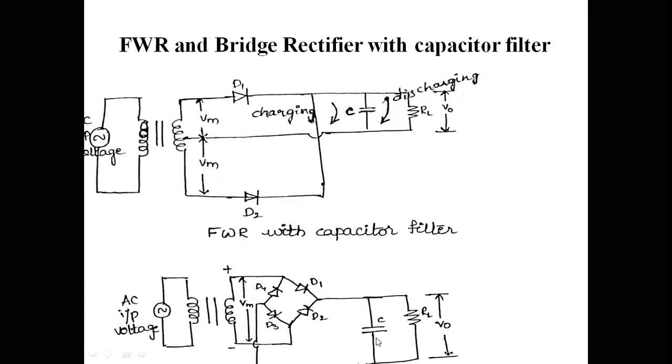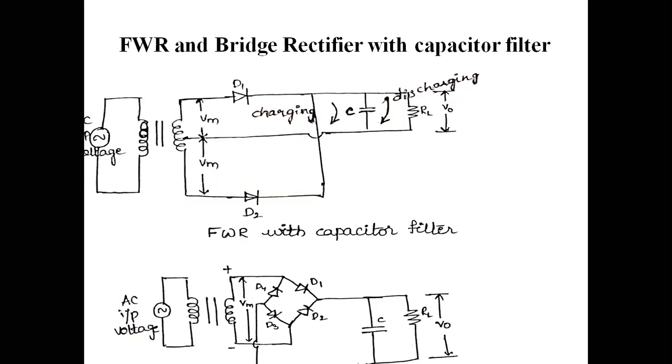This capacitor is placed before this load resistance RL. The charging and discharging of the capacitor will take place depending upon the charging and discharging levels. For the positive half cycle, D1 and D3 are in the on state. For the negative half cycle, D2 and D4 are in the on state. That is the basic operation of the full wave and bridge rectifiers.